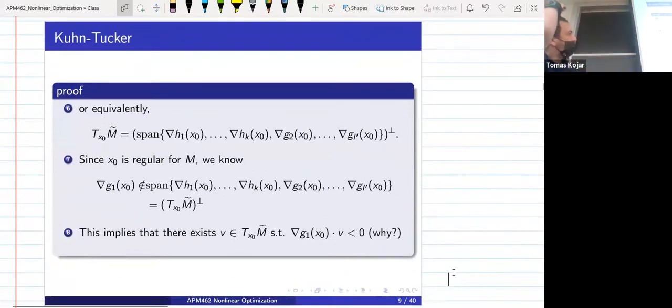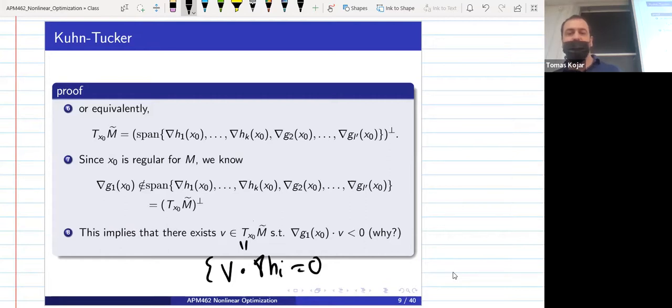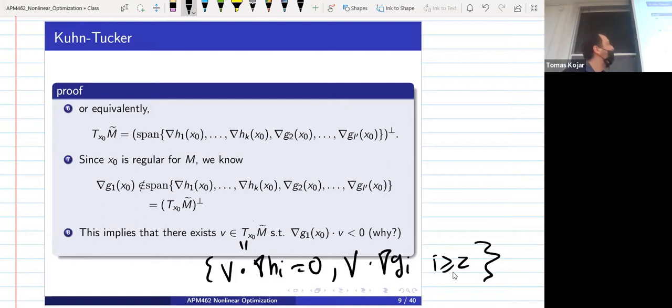All right, but then what is the definition of this? What is T? The definition of this are all the V's that are normal to the H_i's and normal to the gradient G_i for i starting from 2, okay? But since this guy is not there, it will be non-zero. So the gradient of G1 with V will be non-zero.